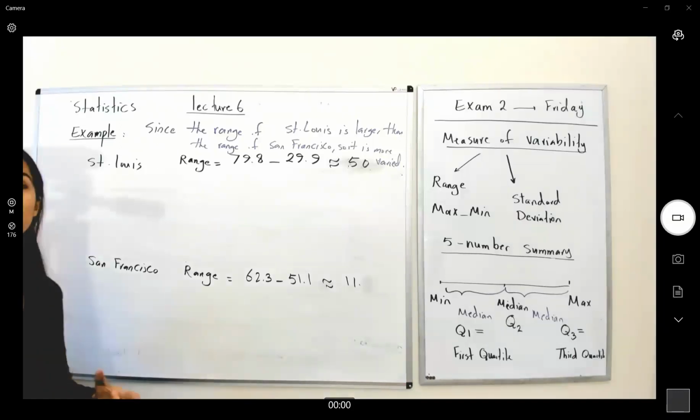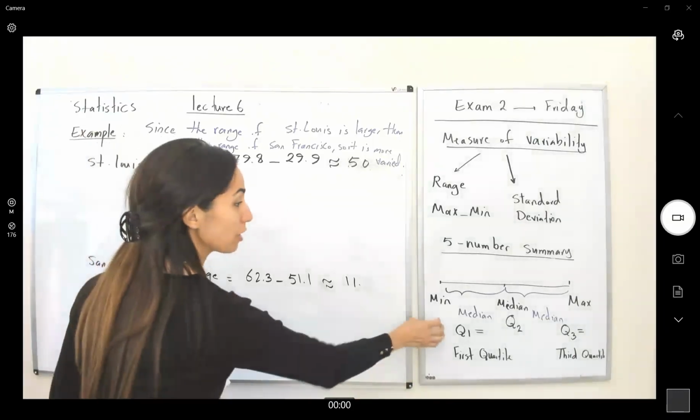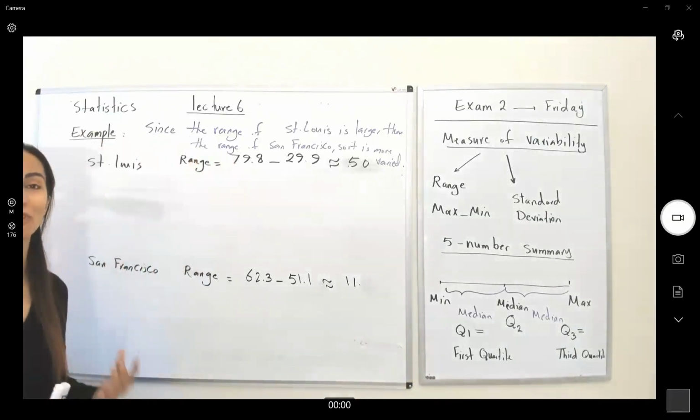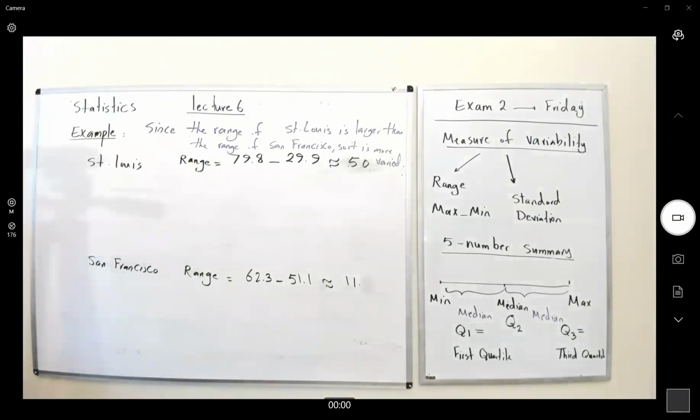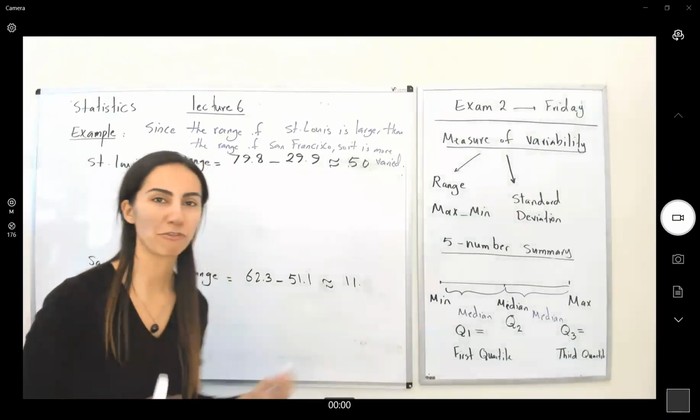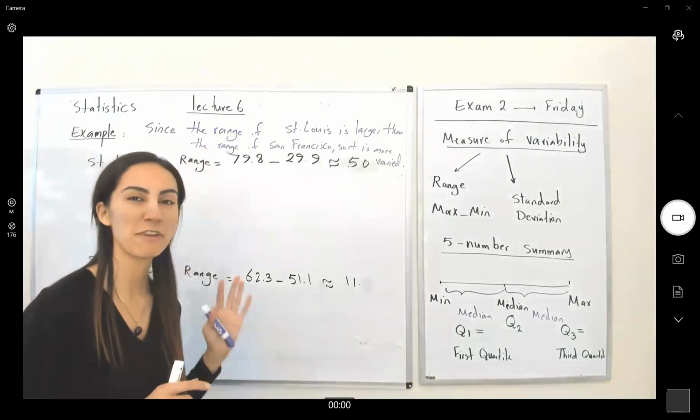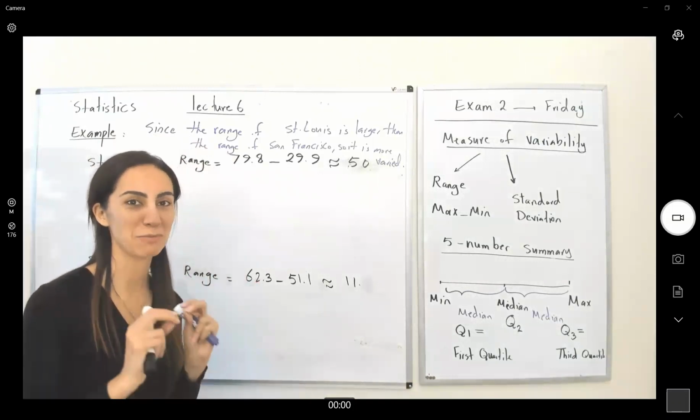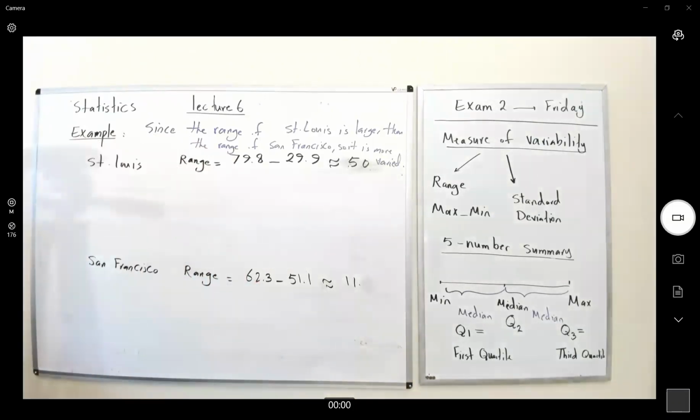Okay, now next step, you're interested in finding 5-number summary for these two collections. Very well, let's list our data from smallest to largest. Remember that we are finding the median, so it's very important for you to write them in order first. The smallest value in the first collection is 29.9.